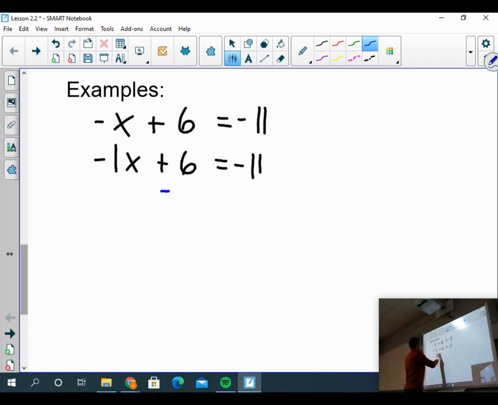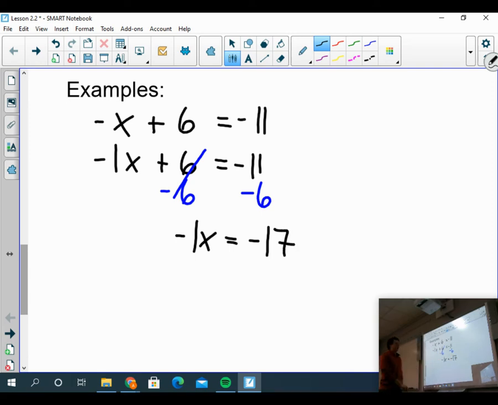So I'm going to subtract 6 from both sides, 6 being the constant on the same side as the x. I'm choosing to subtract 6 because that will zero out with a positive 6. On the left side, that leaves me with negative 1x, and on the right side, negative 11. If you take away 6 more, it becomes negative 17.